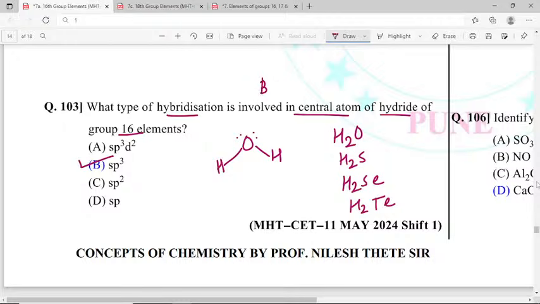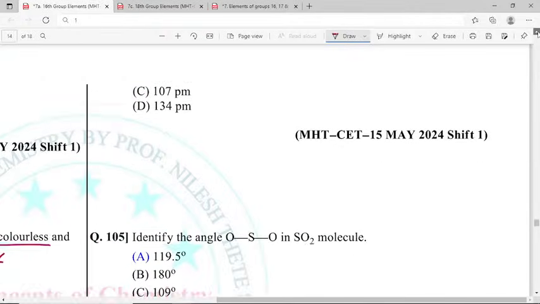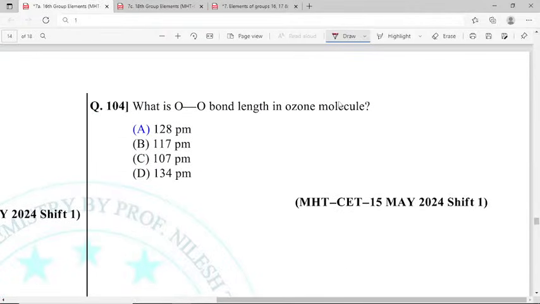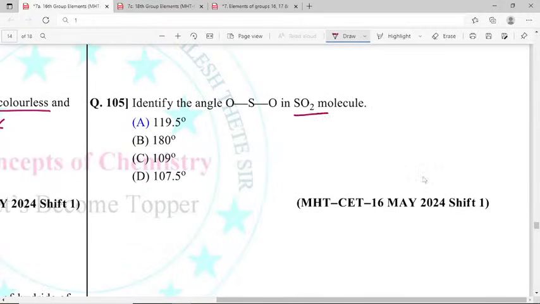Bent shape. Always remember bent shape: angular, bent, V shape. What is the oxygen-oxygen bond length in ozone? 128 picometer. So many times this question. Ozone oxygen-oxygen bond length; SO2 bond angle 119.5 degrees.